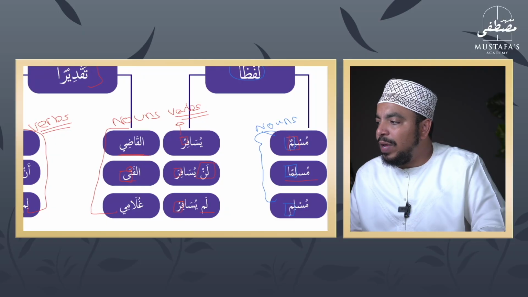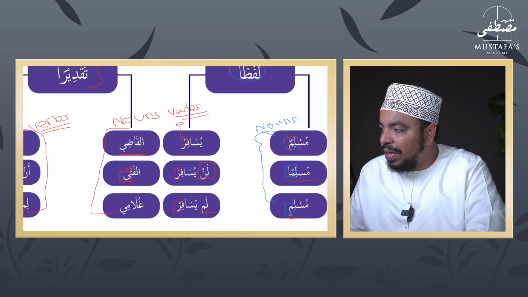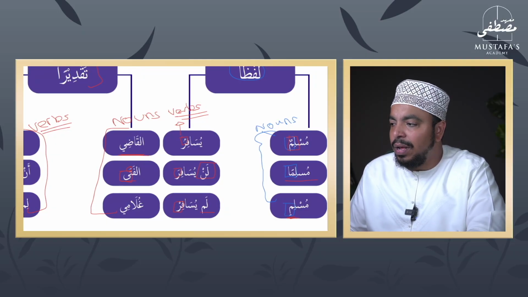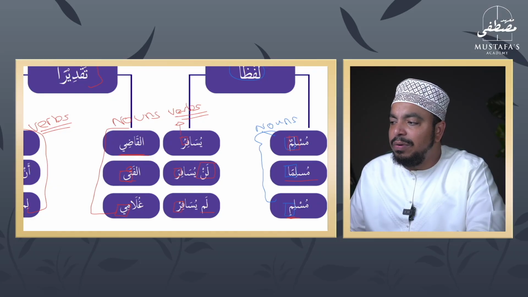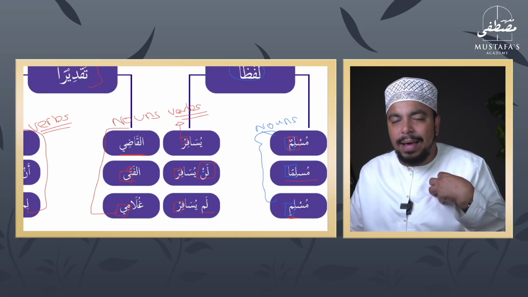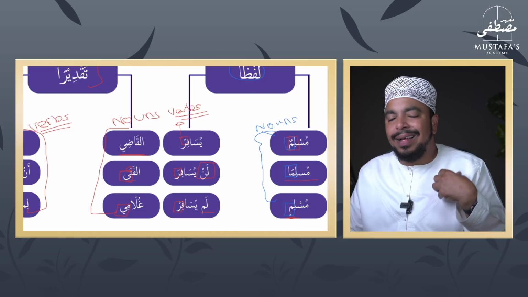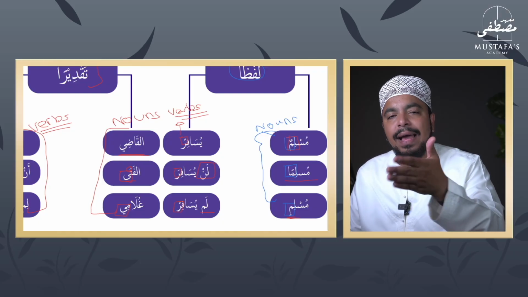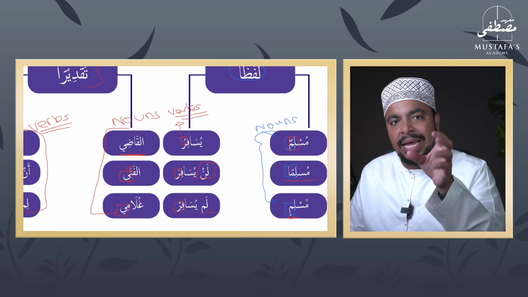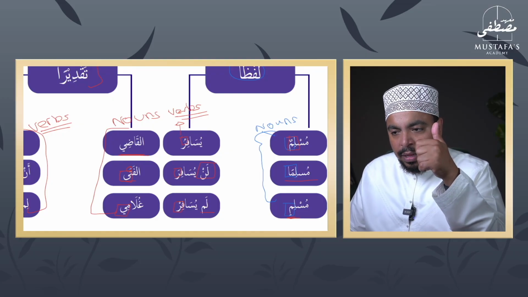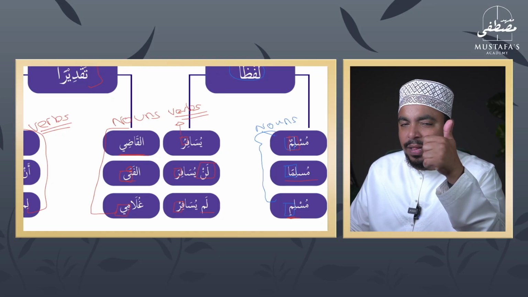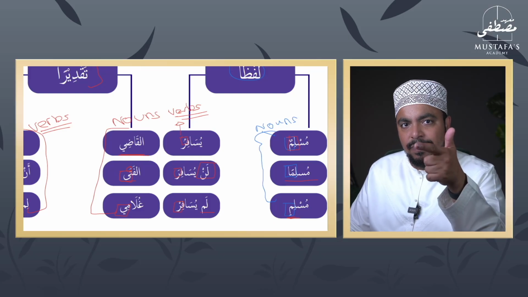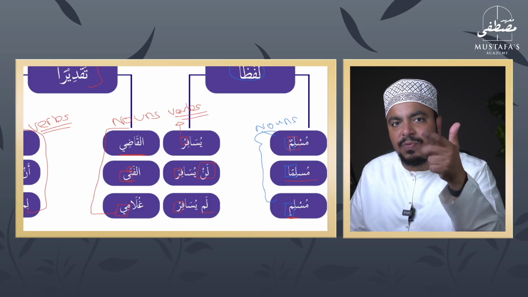Ghulami, this was supposed to end with kasra, isn't it, in the state of jar. But we can't do that because there is this ya which says my ghulam, my boy. Now there are situations where, if nouns are in those situations, they cannot assume clearly the inflection, whether dhamma, fatha or kasra, basically whether rafa', nasb or jar.